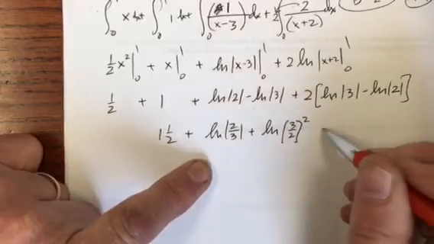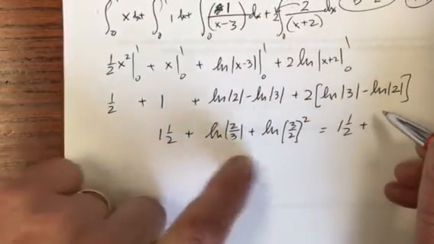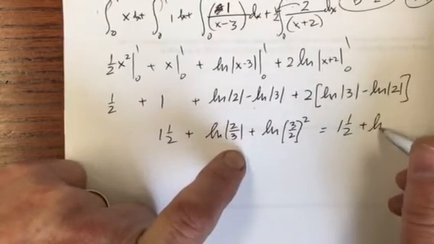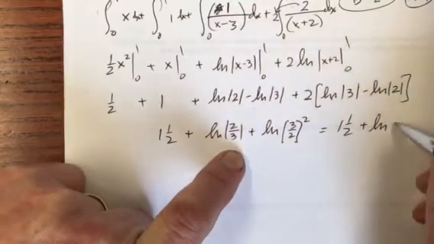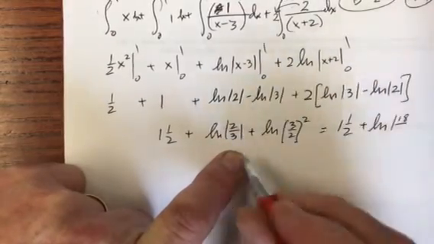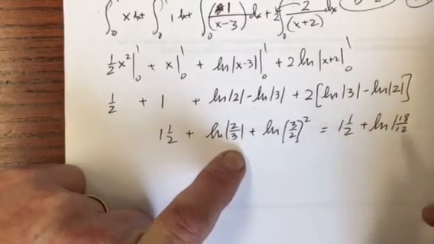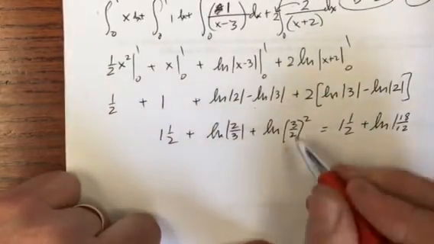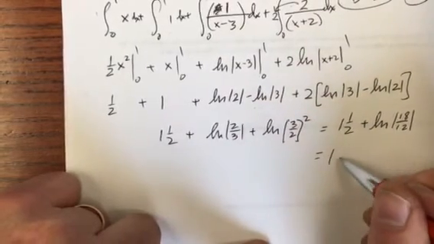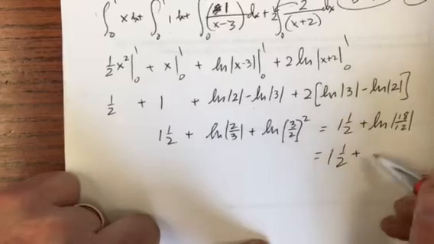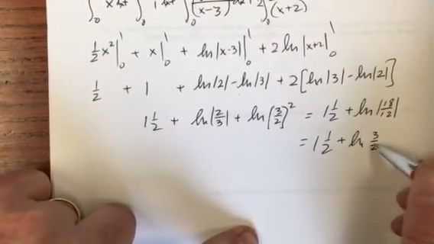And then since we're adding these, the final answer would be 1/2 plus the ln of, if I do the squaring, that's going to be 9 times 2, that's 18 over 4 times 3 is 12. I guess I could have canceled a couple of 3's in there. That would have made it easier. But what is that finally? That's going to be equal to 1/2 plus ln of 3 over 2. So there we go.